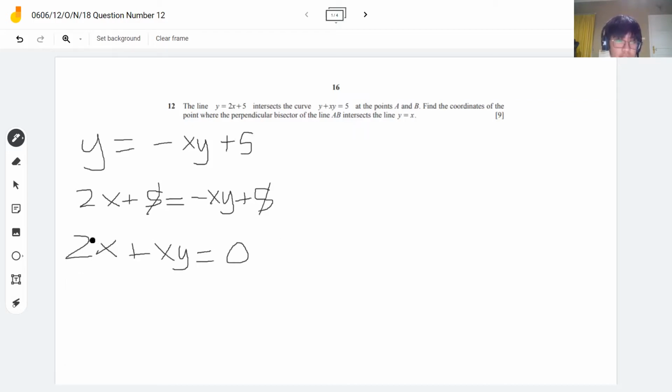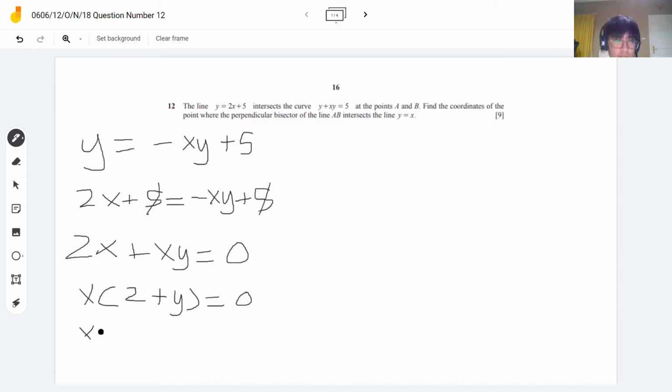Now you can factorize x out of this. So you take x out of the left side, and you will get x(2 plus y) equals 0. Now you can go through this two ways, and using those two ways, you can find the coordinates of the 2 points. Firstly, the first way is to divide this entire equation, both left and right side, by 2 plus y.